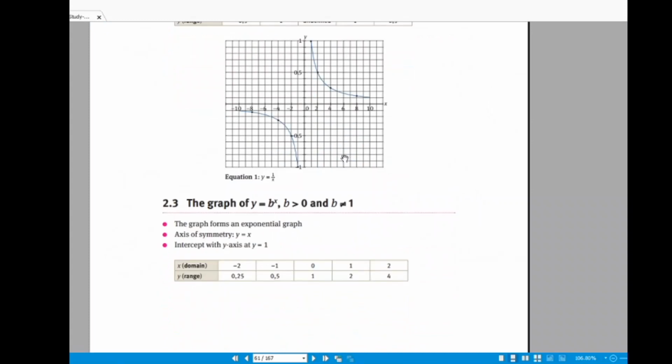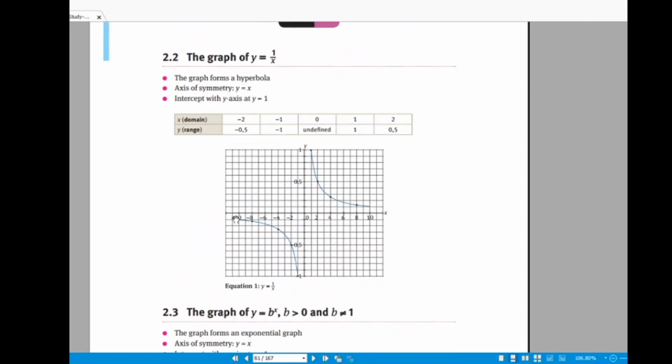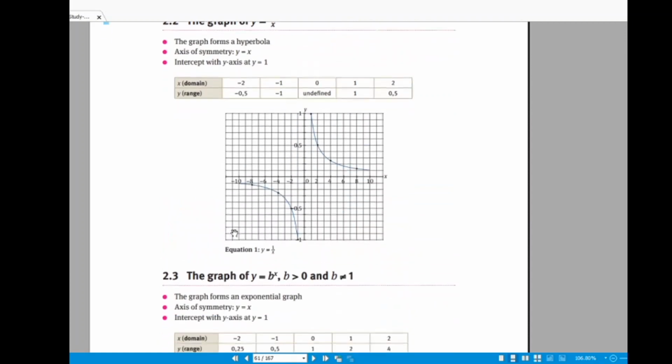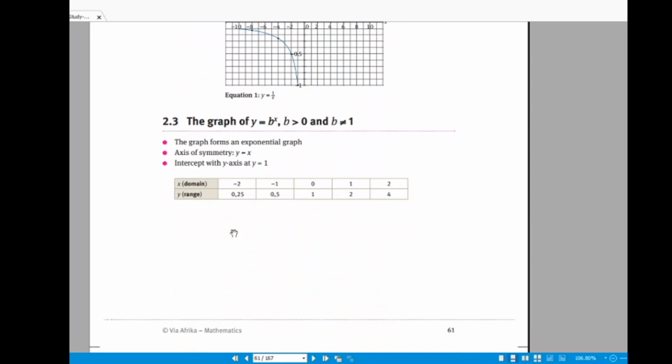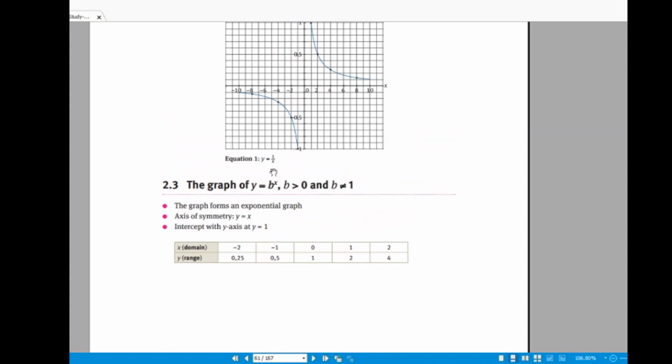We also have exponential functions, and they are in the form y equals b to the power x, where b cannot be a negative number and b cannot be 1. The graph forms an exponential graph, and the axis of symmetry is the line y equals x.